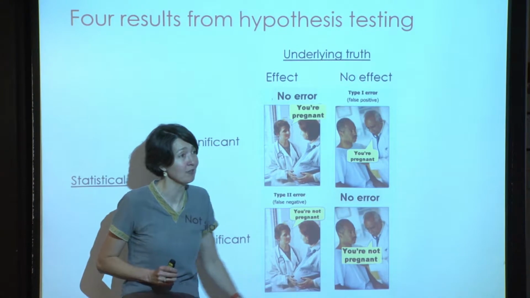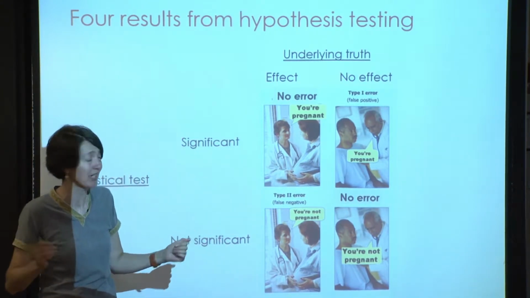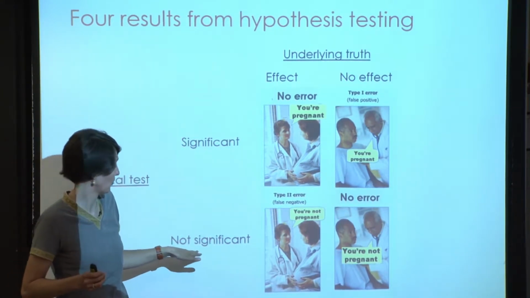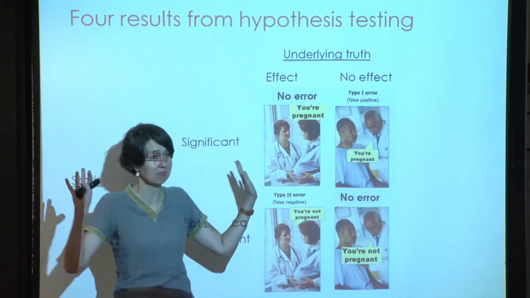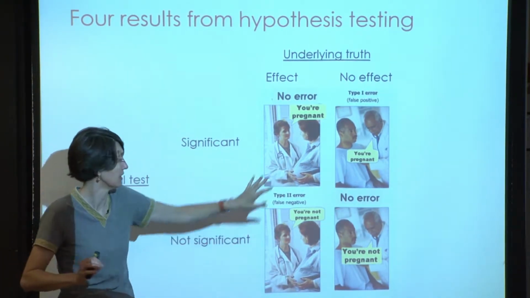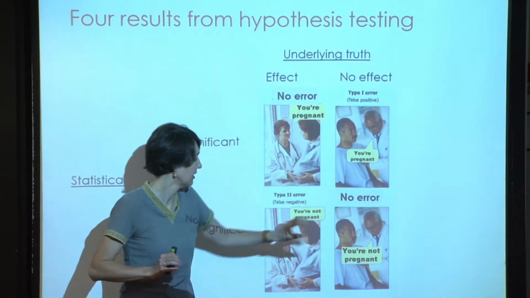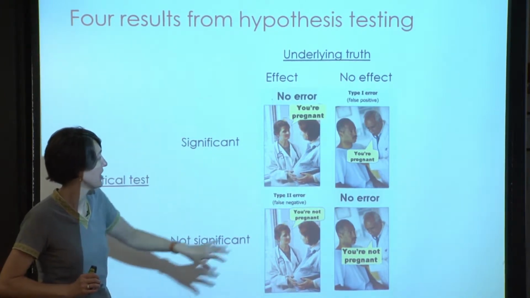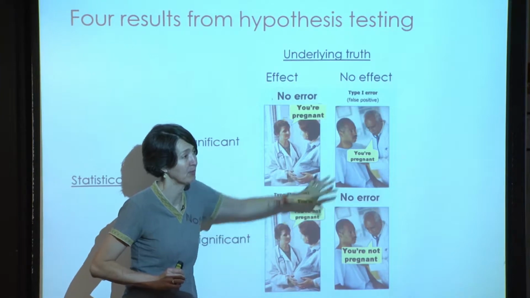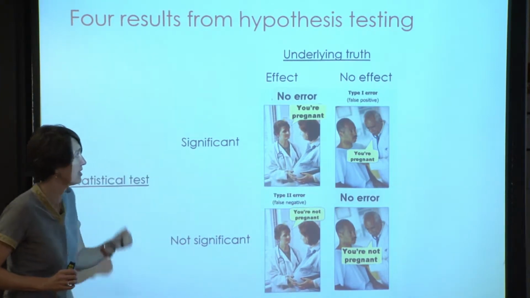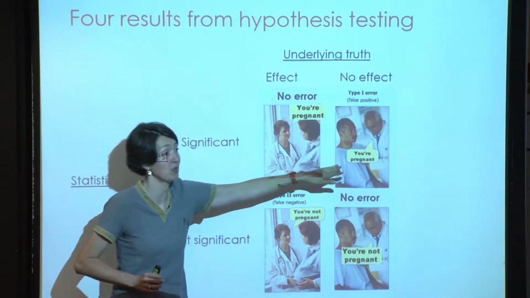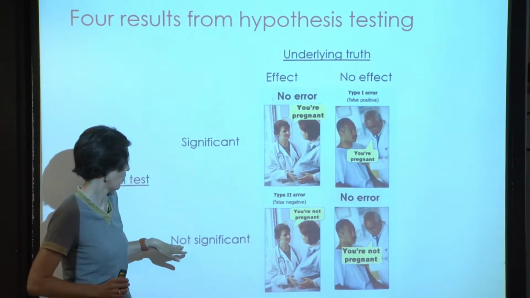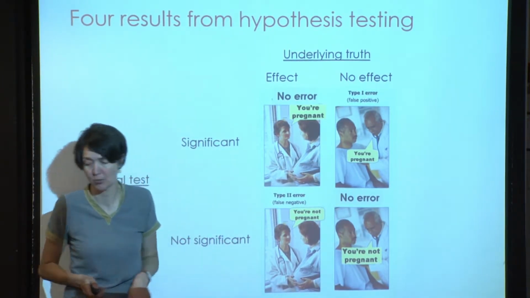There's another kind of case where we don't make an error, which is where we find a non-significant effect and there really was no effect, right? Again, no error, that's perfect. So either of these are great. And then these are the 2 errors that people talk about, type 1 and type 2 errors, where it's significant but there actually wasn't an effect, or not significant when there actually was.